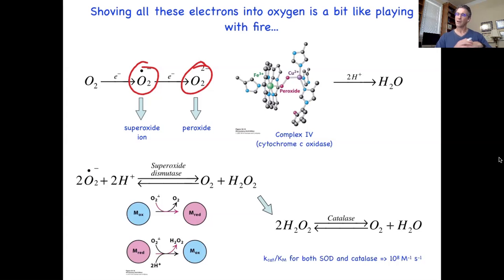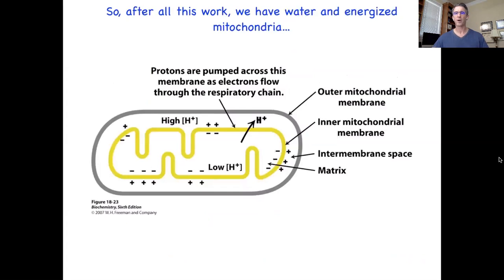Okay, last point here, the whole purpose of this, in addition to dumping those electrons, right, so that we can regenerate our oxidizing pools, the other main point of this, as I pointed out before, was to pump protons. All right, so we're taking protons out of the matrix, right, and we're pumping them, as we've seen, across the inner mitochondrial membrane into the outer membrane space.